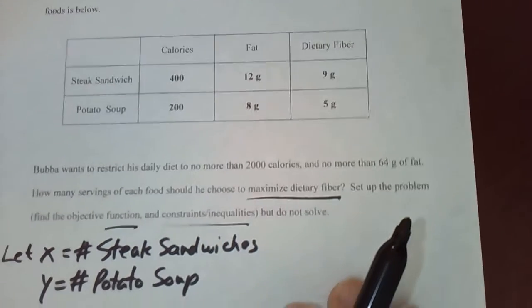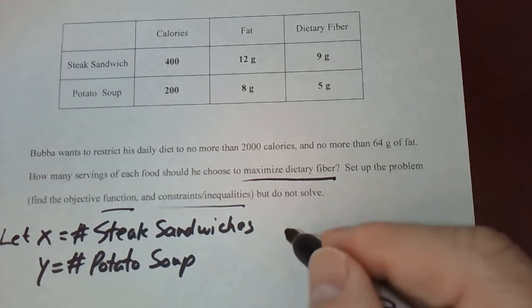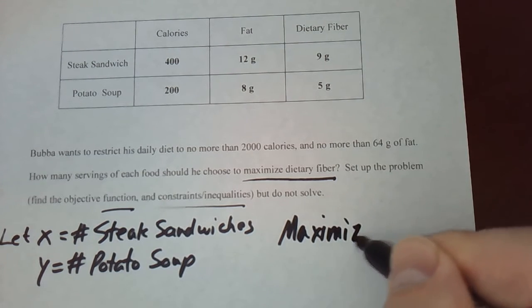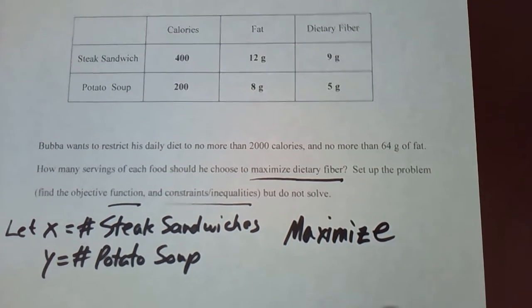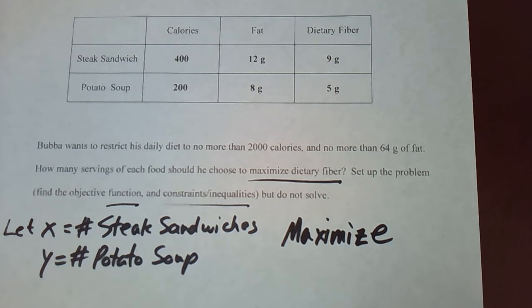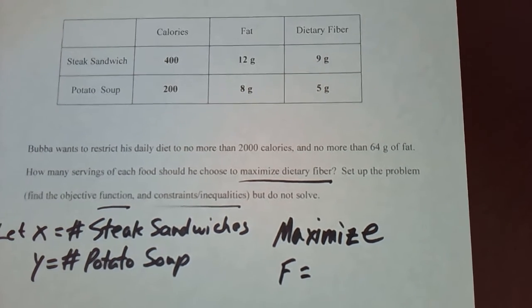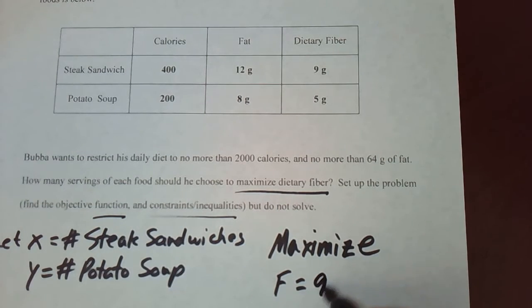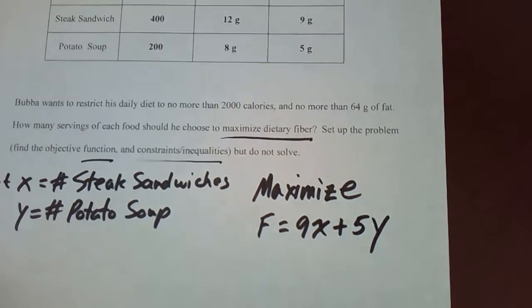So let's make the equation. We are going to maximize the function, and maybe I will call it F for fiber. Fiber is equal to 9 times x plus 5 times y.